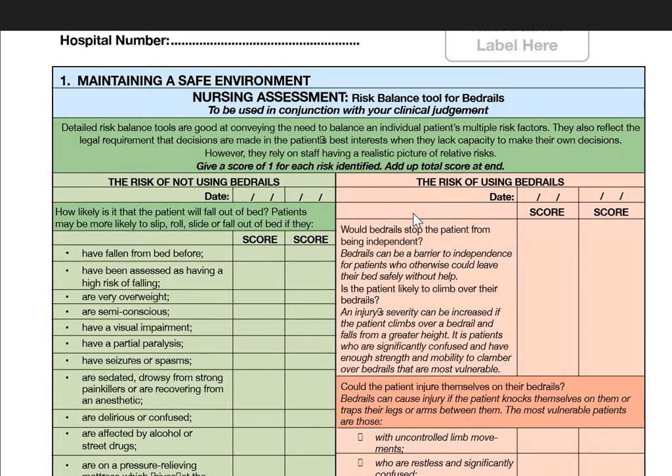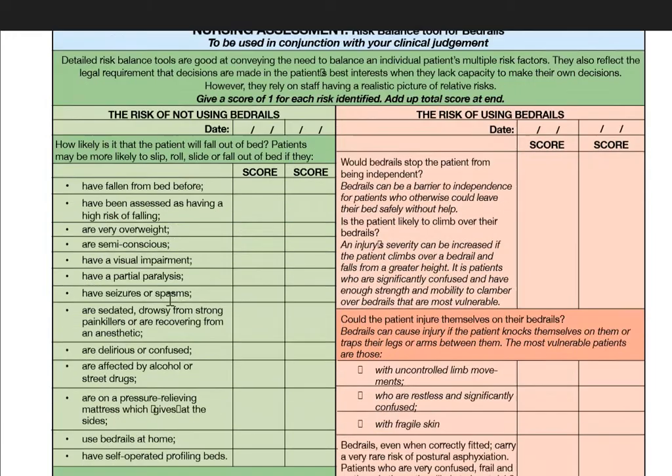Okay, so we need to show that we have assessed this before we've made our decision. So we look at the risk of not using bed rails first. So you put in your date and it asks you a question: how likely is it that the patient will fall out of bed? Patients may be more likely to slip, roll, slide or fall out of bed if they, okay?